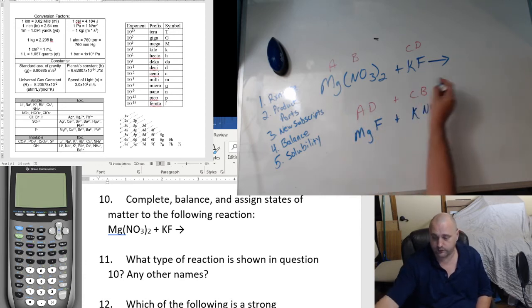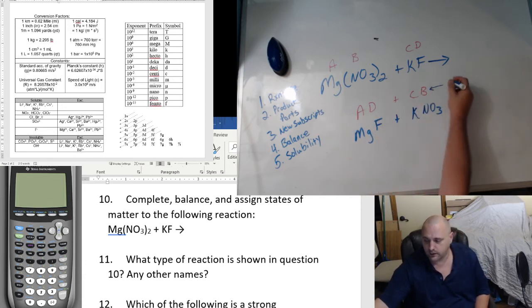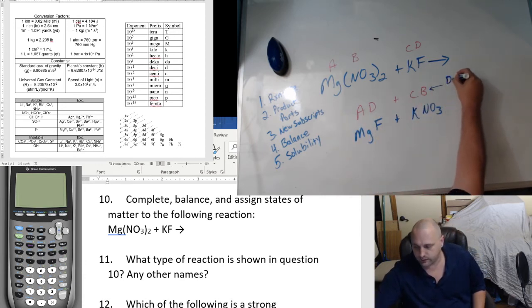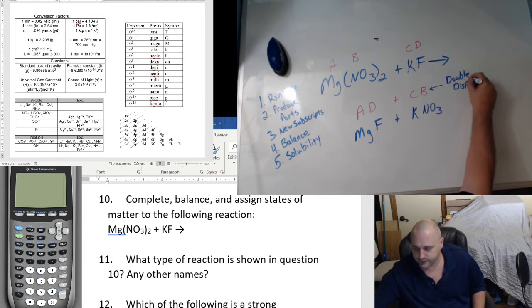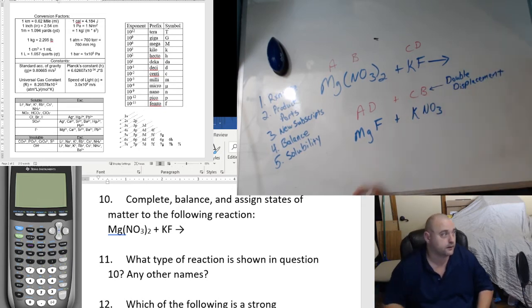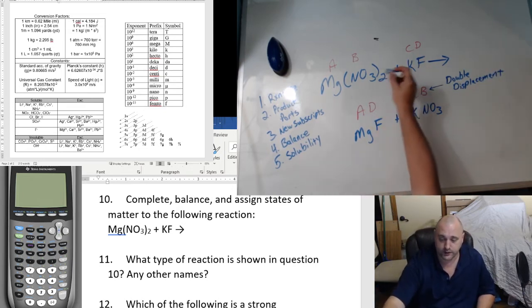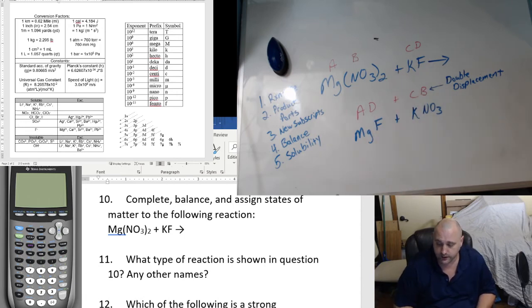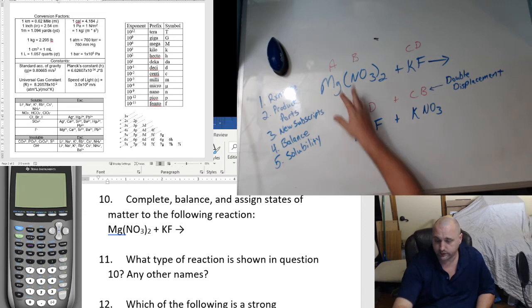Oh, first off, how do you know that? I recognize the pattern up there as a double displacement. And then, so had to do my memorization. AB plus CD goes to AD plus CB. So make sure you learn your types of reactions.